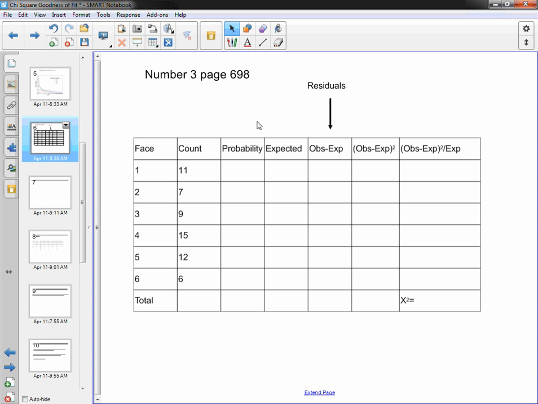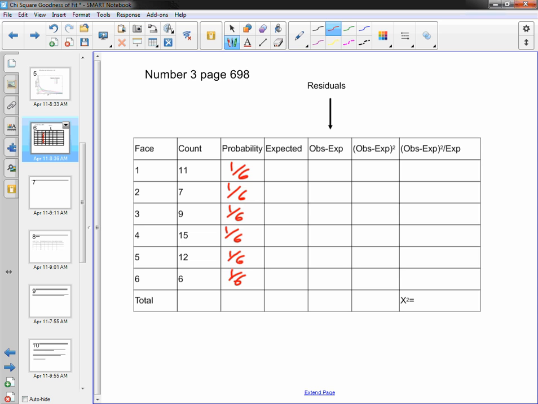So if the die is fair, how many times would you expect each face to show? What they're asking us to do is to calculate the expected value, right? So what we have to think about is the probability. If it's a fair die, what is the probability of throwing a 1? Yeah, exactly. It's 1 out of 6. What's the probability of throwing a 2? And a 3? Yeah, all of these should be 1 out of 6, right?